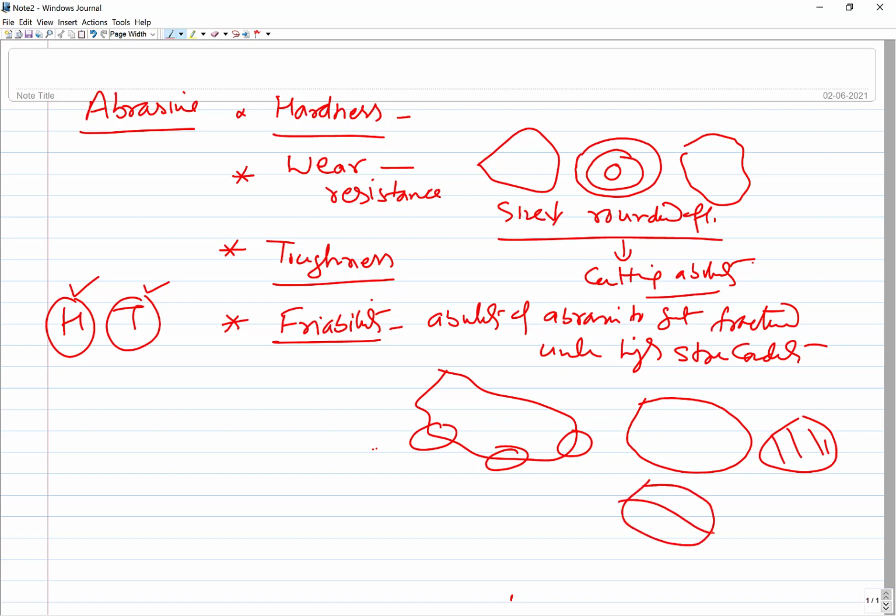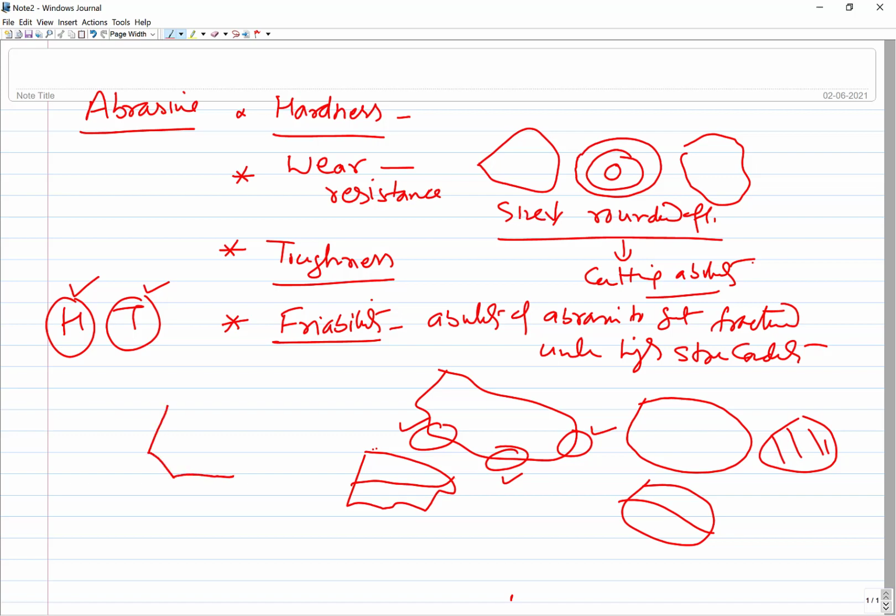If it doesn't fracture, then the cutting ability will continue to degrade very significantly, and the wheel may not be able to cut. So what is expected is that as soon as the sharp edges of the grinding wheel are reduced, stresses start increasing, so these abrasives will get fractured due to the increased stress level, and fresh sharp edges are produced.